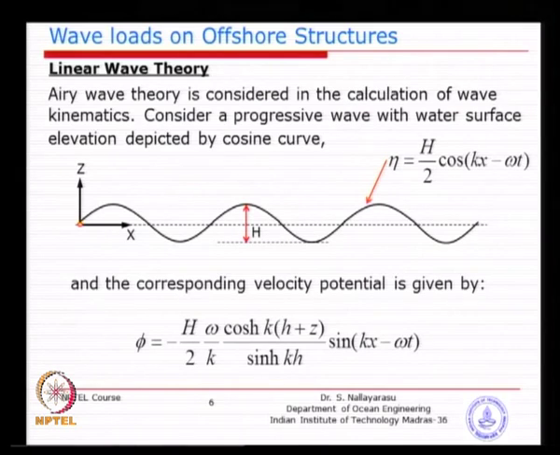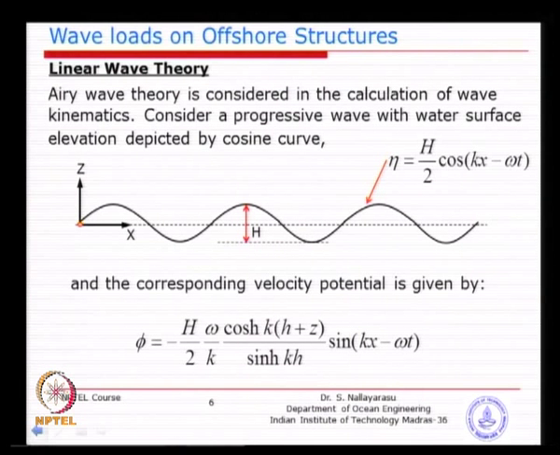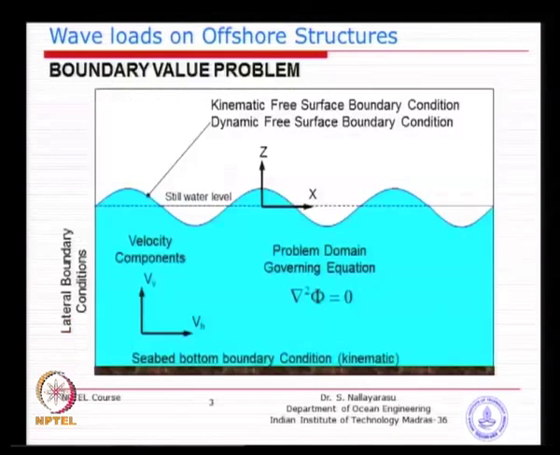If you are looking at the variation along the depth, you simply have to see what the coordinate is, which is z, because normally we take the coordinate from the mean water surface. You could derive this with respect to the seabed as well. Sometimes you will find some textbooks with the coordinate z starting at the seabed. Some textbooks will have it at the water surface, it does not matter, you could have this anywhere.